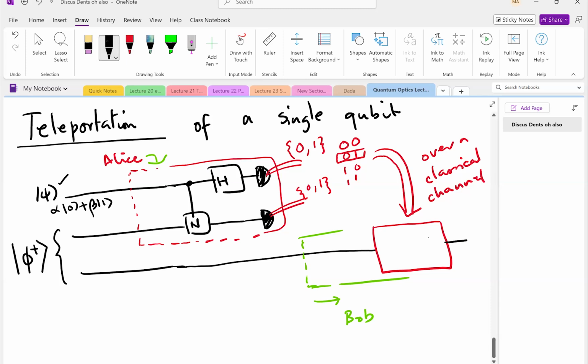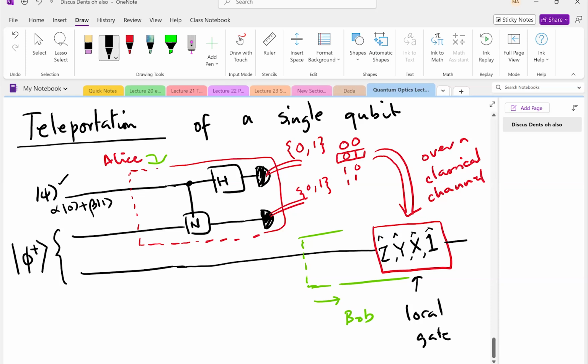He either keeps his qubit as it is, he does nothing, or he applies an X gate, which is a Pauli X gate, a Y gate, or a Z gate. So he applies either nothing or one of the three Pauli gates to his qubit. And this is known in advance: if you receive 0 0, this is the gate that I will implement. So Bob just applies a local gate on his qubit, depending upon the classical message that he receives.